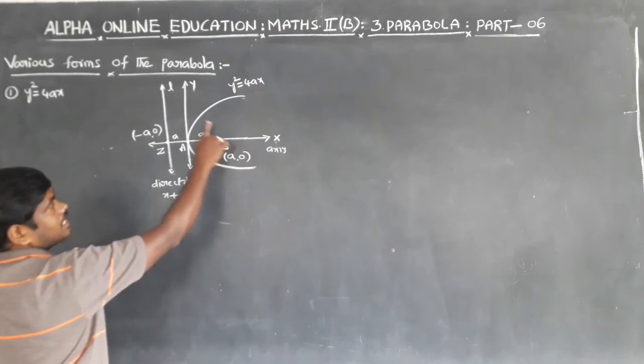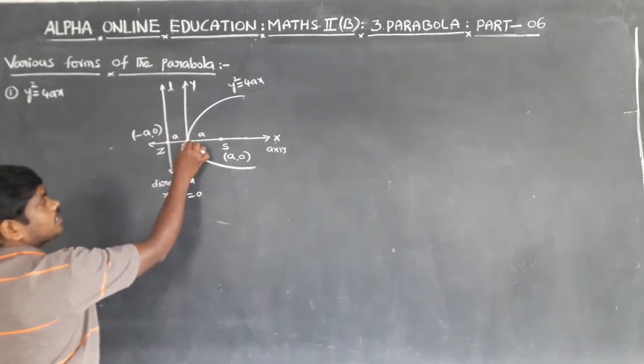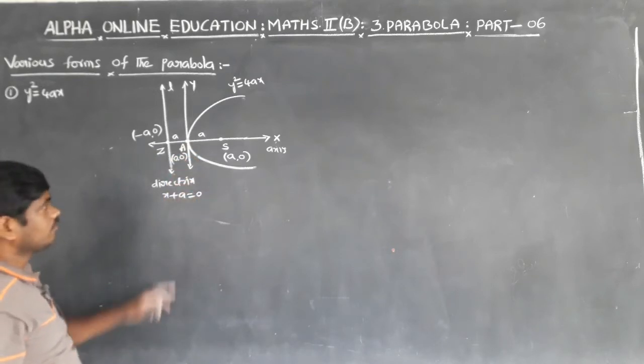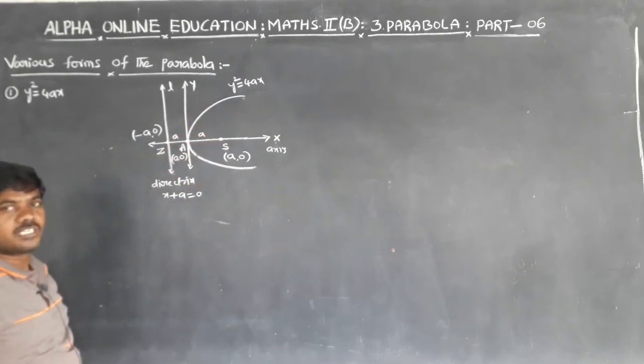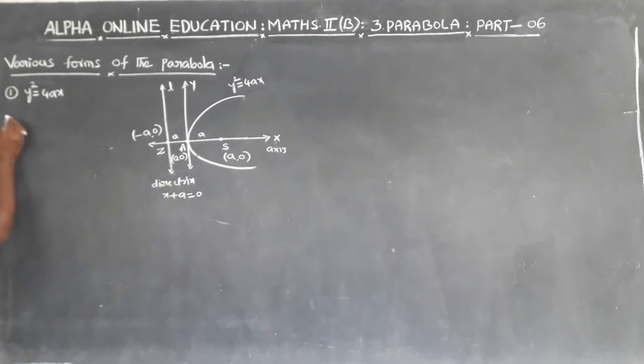This is the x-axis, this is the y-axis. The point of intersection of the coordinate axes is the origin. Here vertex of the parabola y square is equal to 4ax is 0 comma 0.